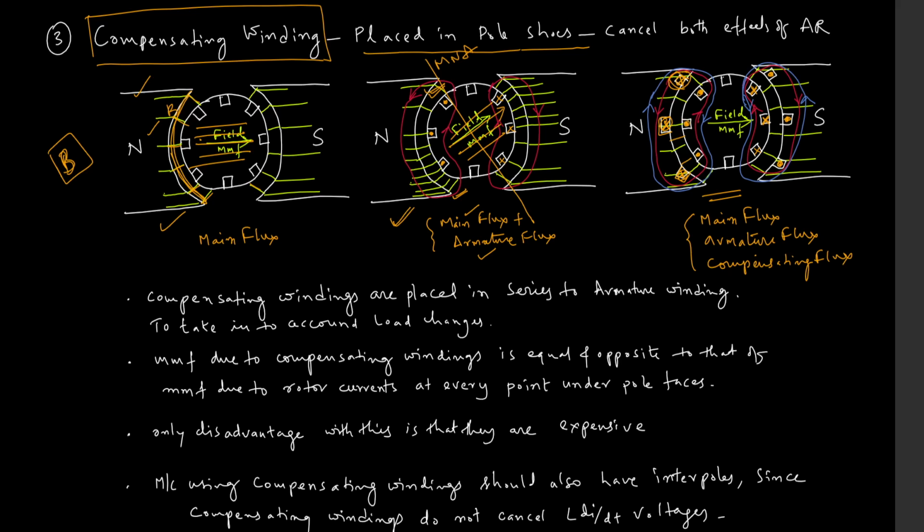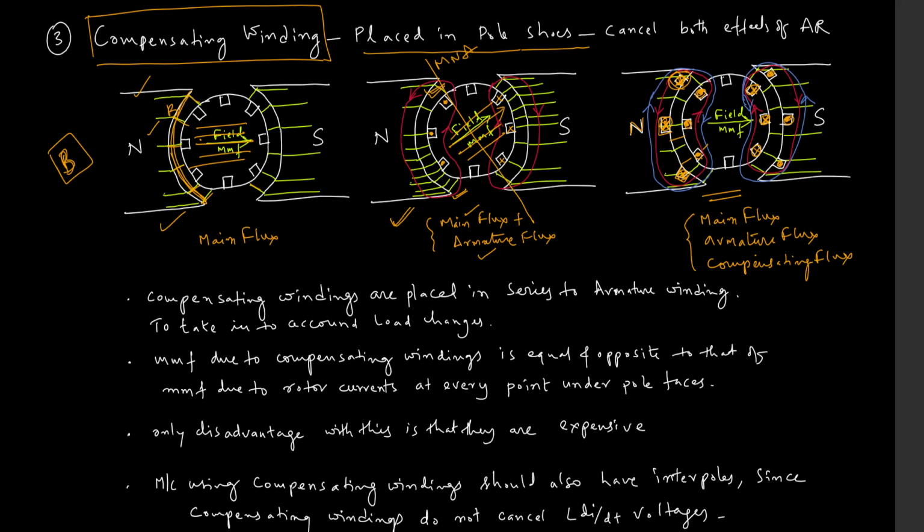This is the north pole, so whatever the current direction is in these coils, the current direction is opposite in the compensating windings. It is cross here. I hope you have understood. And for the south pole, the coils under the south pole have a cross direction, and the compensating winding will now have current direction dots.